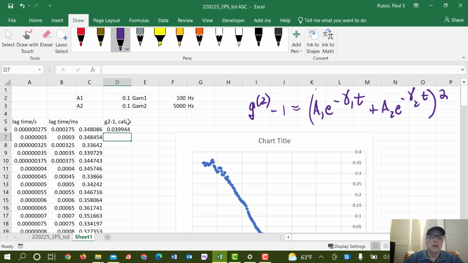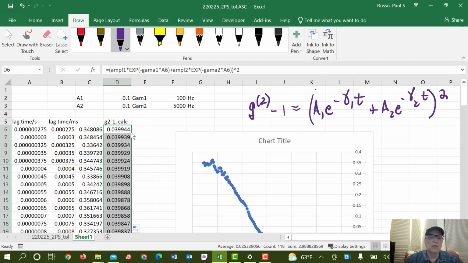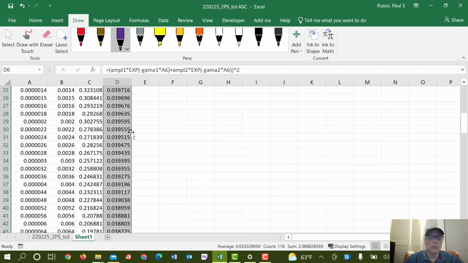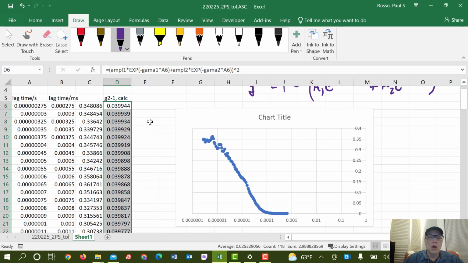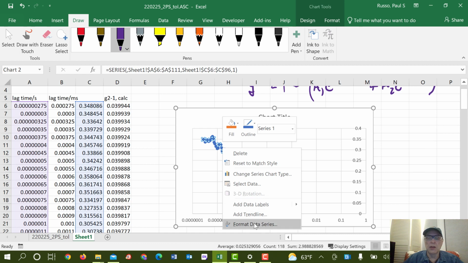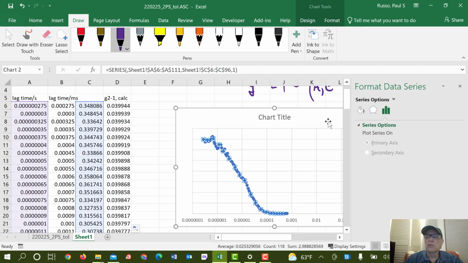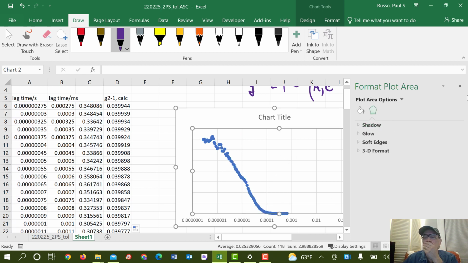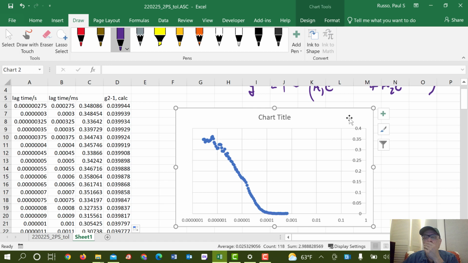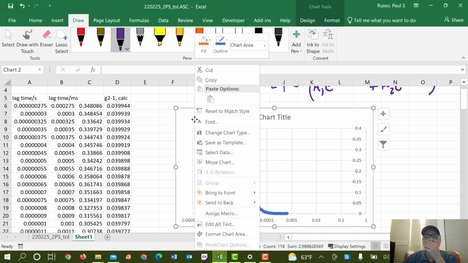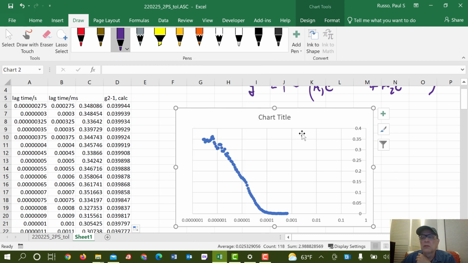Okay. And we propagate that down. I guess it's varying and behaving more or less. And we add it to the plot. Add a data series. Really? Have to click in the right place somewhere.